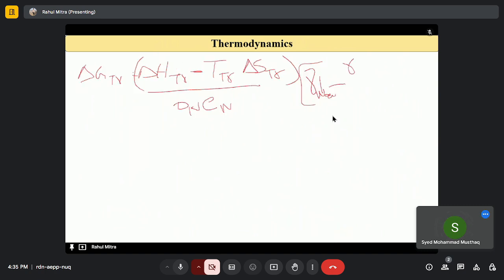if I write in radius terms, it should turn out to be r old.